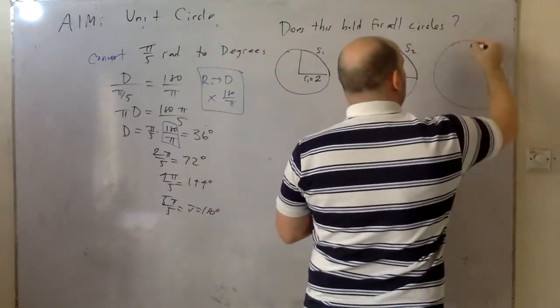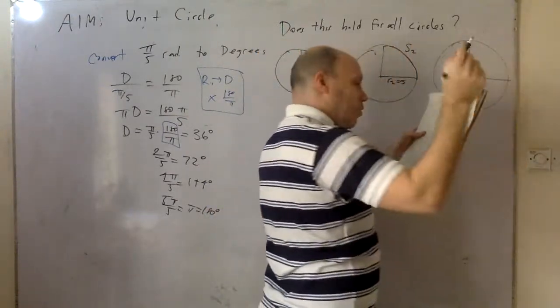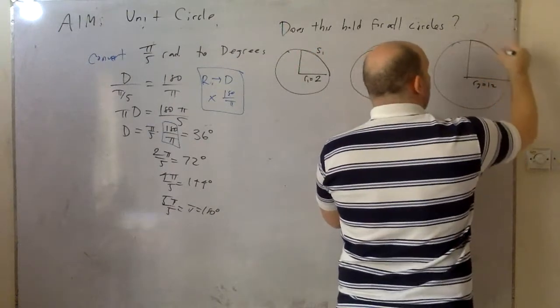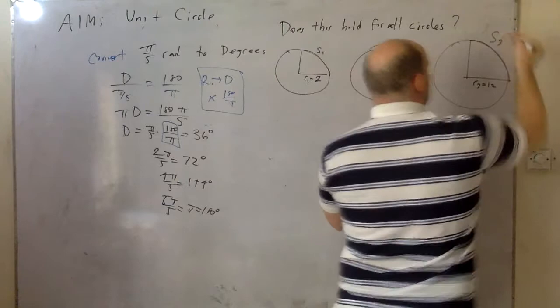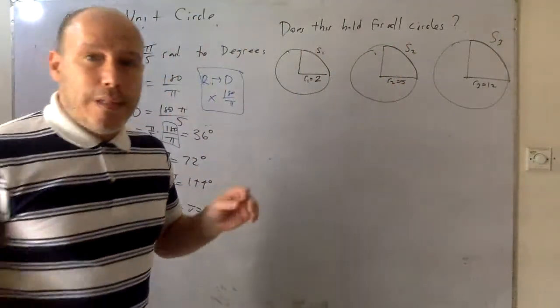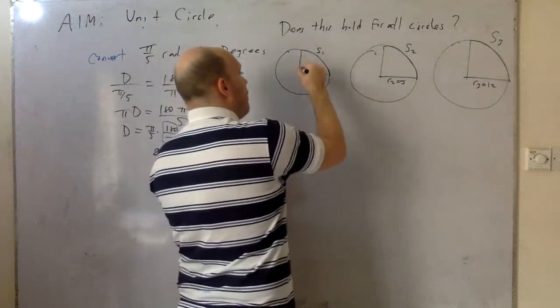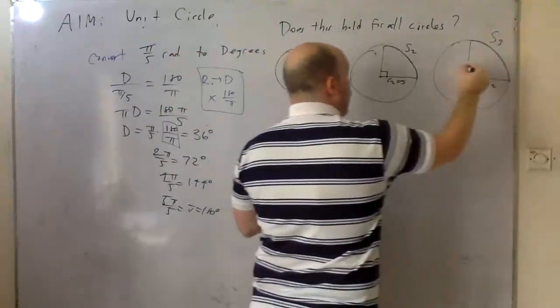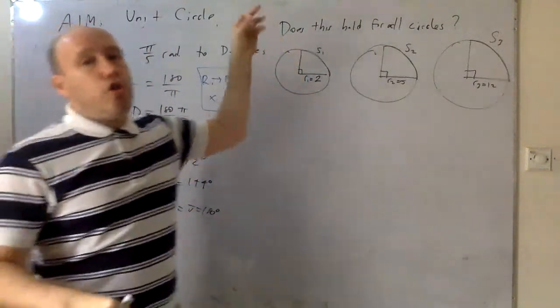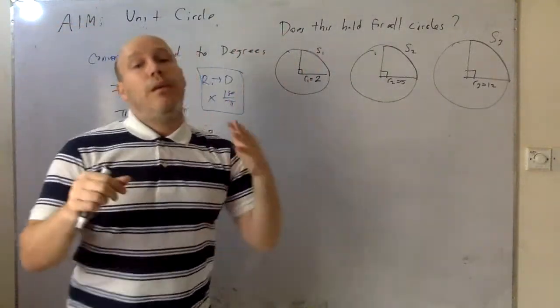And our last circle is a much bigger circle. This one has a radius of 12, and we're also interested in this arc length. Because once again, these are right angles, and our claim is that the central angle uniquely corresponds to a specific arc length.